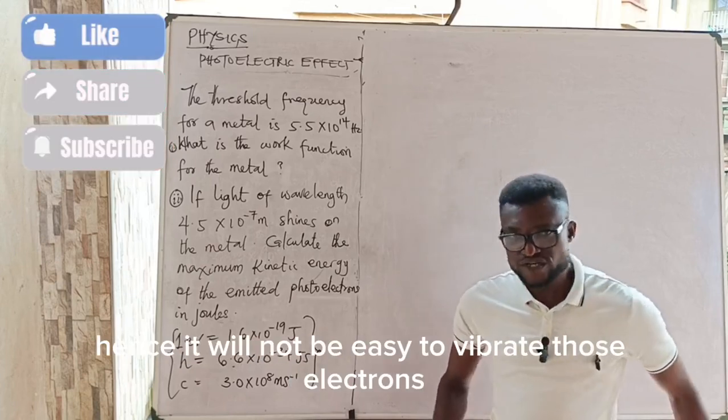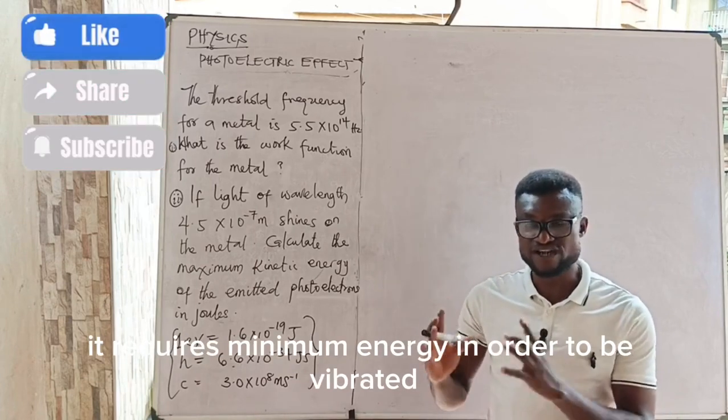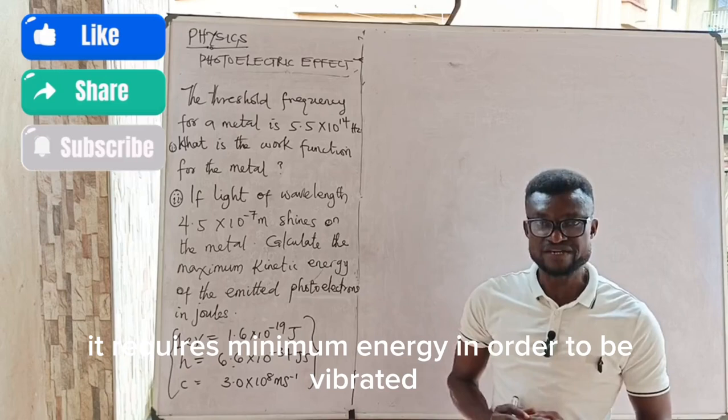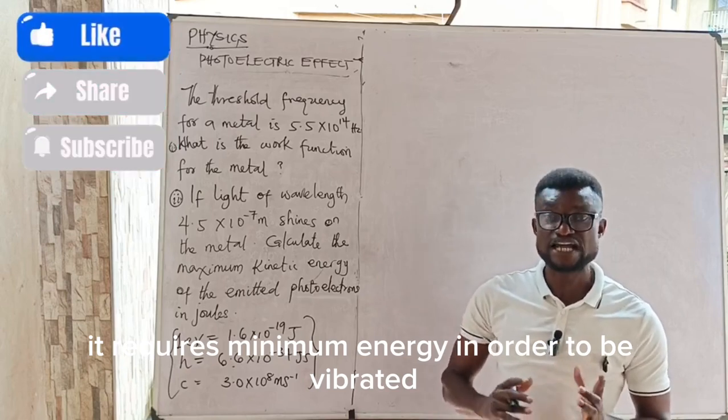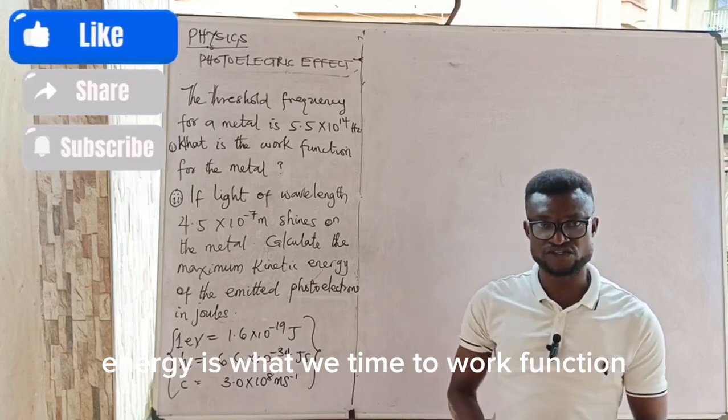Hence, it will not be easy to liberate those electrons. Hence, it requires a minimum energy in order to be liberated, and that minimum energy is what we term the work function.